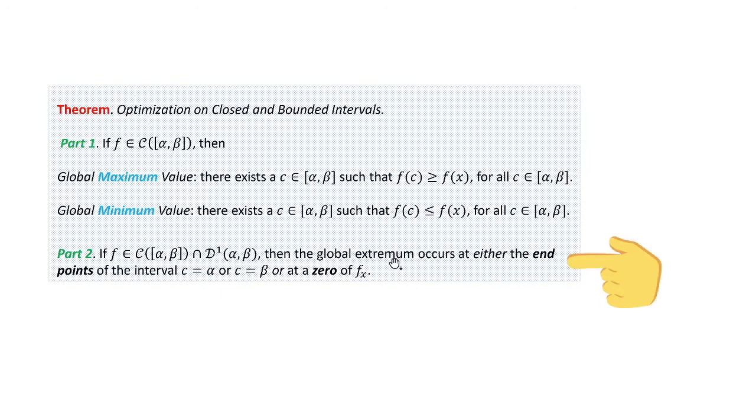Then the global extremum, the maximum or minimum over the whole room, everywhere, not just local, occurs at either the endpoints, on the wall, that's the left side, that's the right side, we're in a one-dimensional result here, or at a zero of the derivative. I can't tell you exactly where, it can be one of a few values, but you just make a table and compare. So that's pretty good.